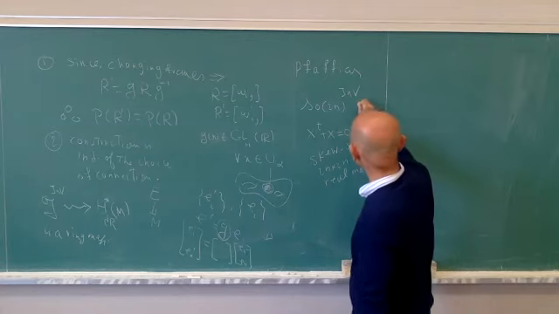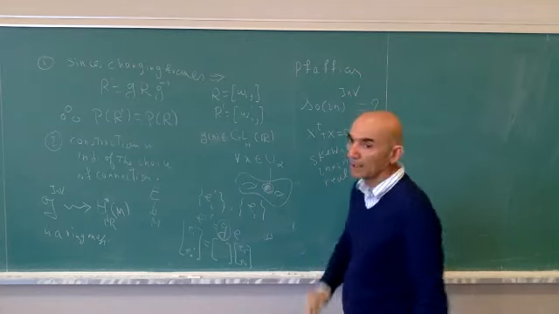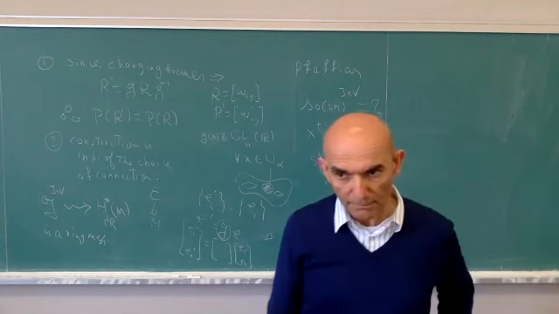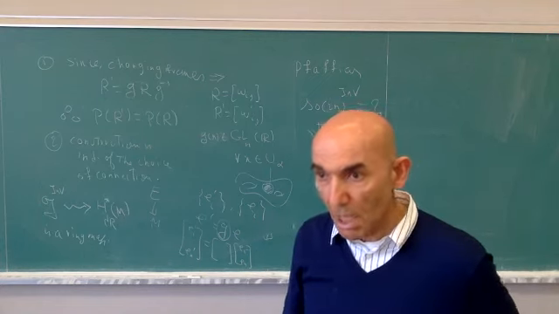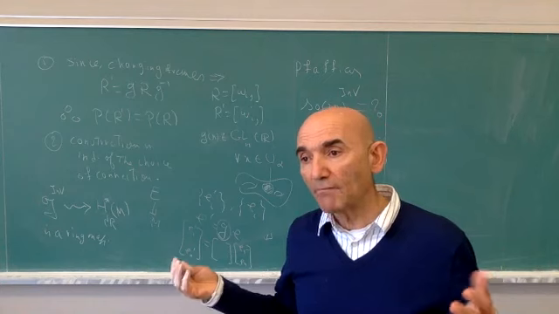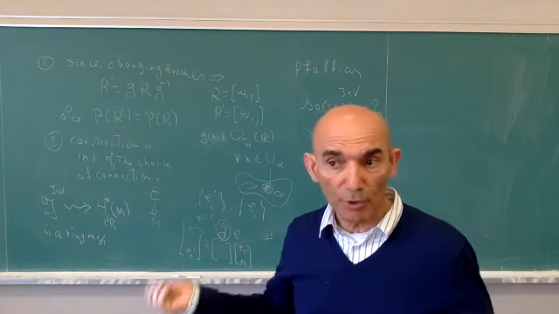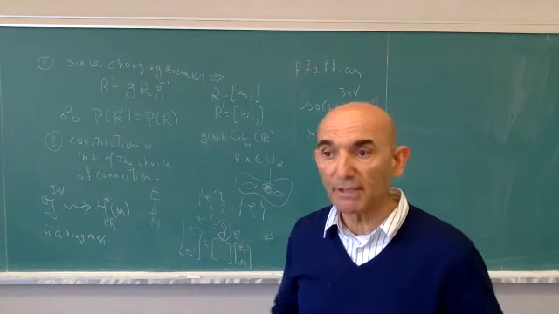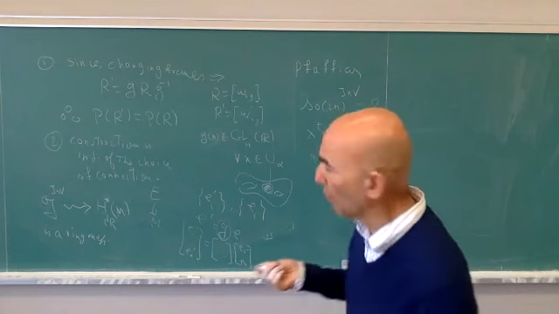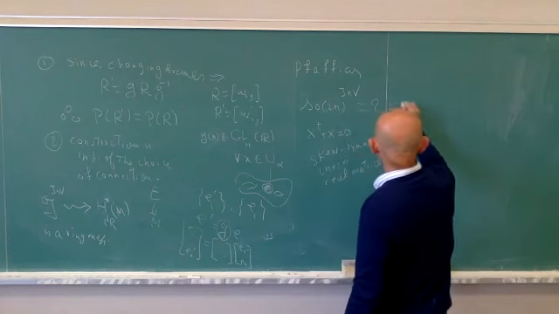And now the question is, what is this? Right? So the question is, what is this? Of course, we have the old invariant polynomials, right? Trace of x, trace of x squared, trace of x^n. Or we have the same as before.